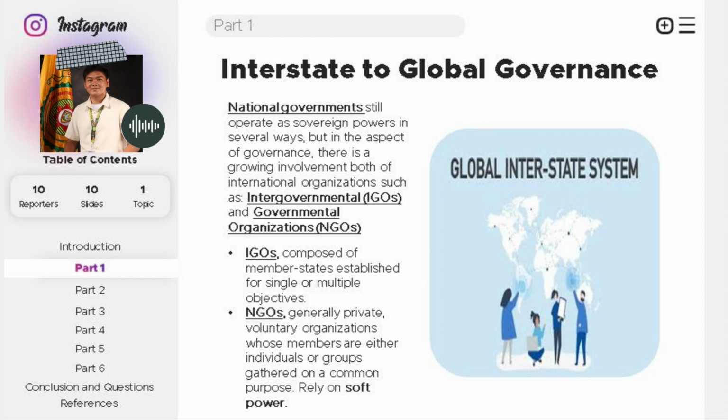So, the first difference between the two is their formers. Intergovernmental organizations are formed by states, while non-governmental organizations are generally private, voluntary organizations whose members are individuals or a group of people. The main purpose of NGOs is to solve a specific issue.